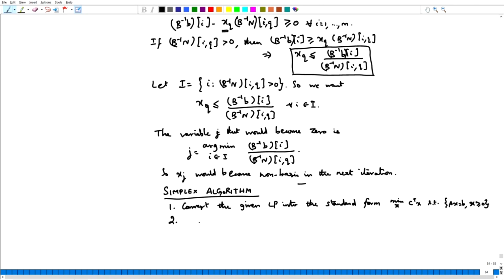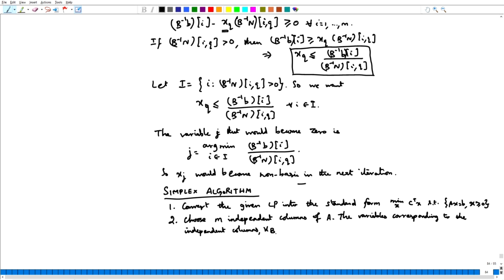Now, the second step is to choose m independent columns of A. The variables corresponding to independent columns, x_B, are basic variables, and the others, x_N, are non basic.